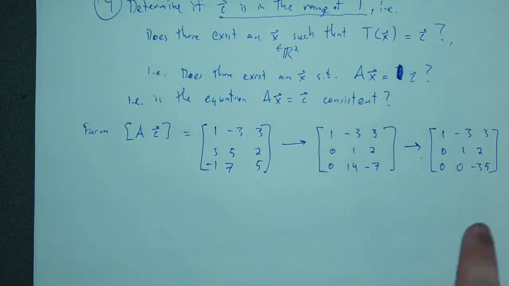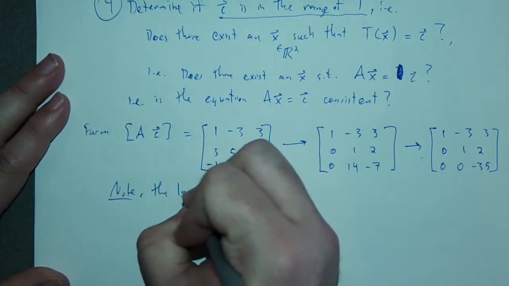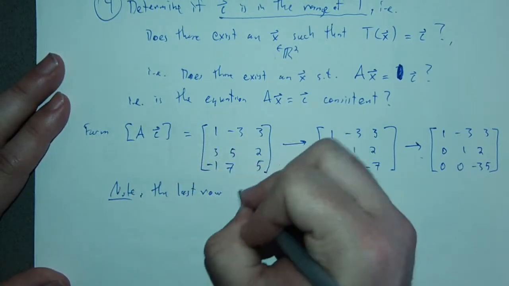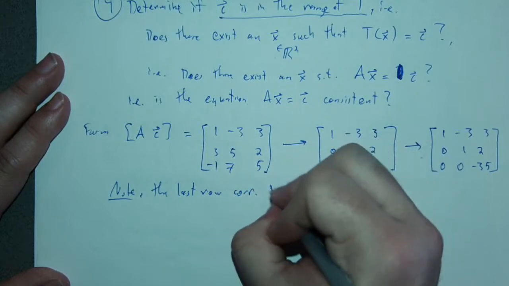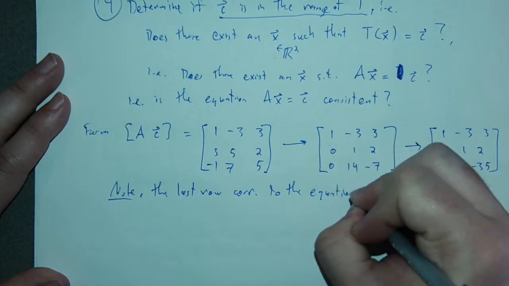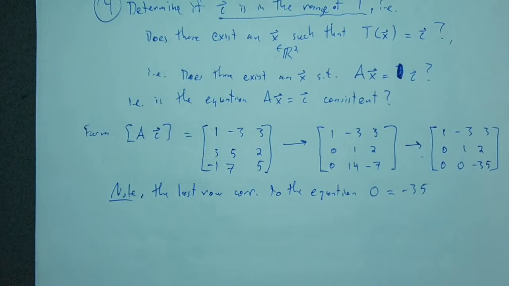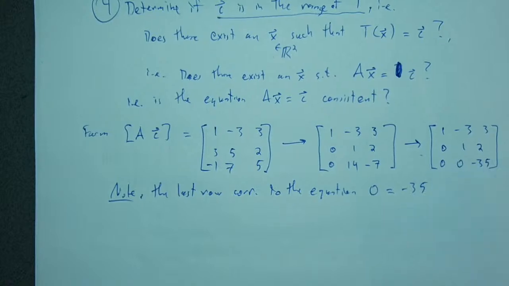Okay, note the last row corresponds to the equation 0 is equal to minus 35. Right? In that case, in the augmented matrix, we have 0, 0, 0, and then in the very last entry, something that's non-zero, and we know that that's bad.